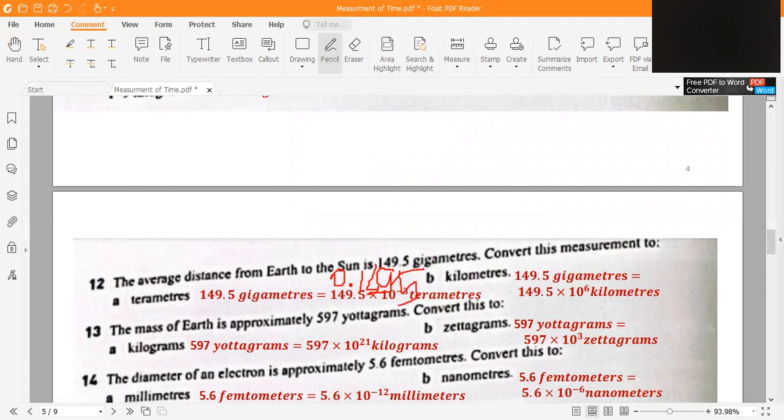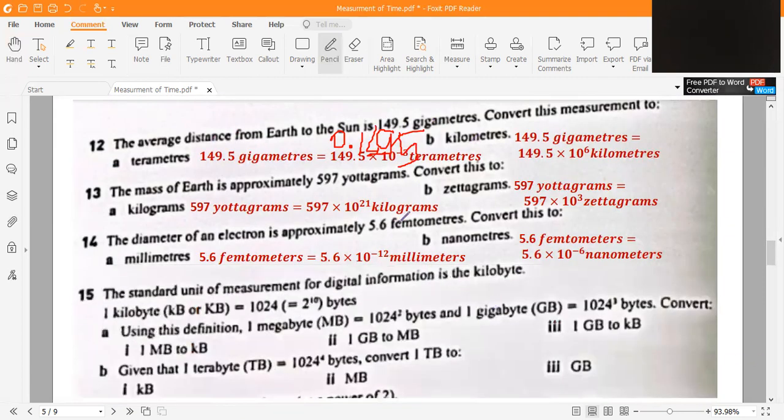Okay, very good. And we can use the same steps and follow the same strategy to obtain the solutions of exercises 13 and 14.